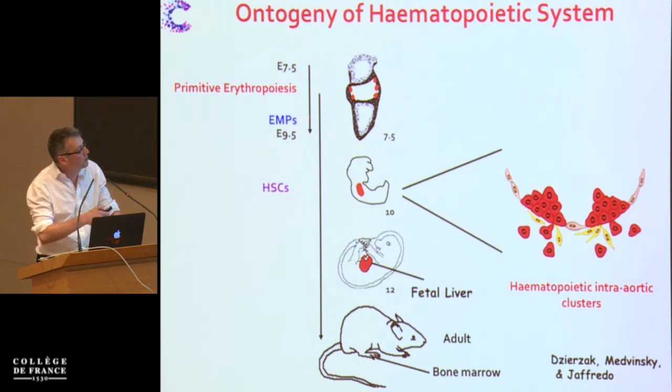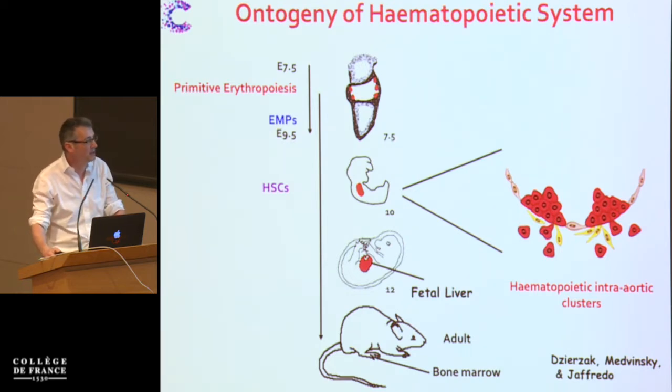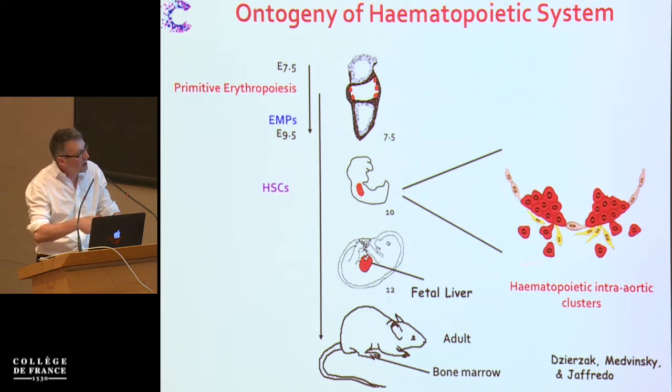If we go later in ontogeny, and mostly in this AGM region or in the dorsal aorta, what has been observed is the emergence of clusters of hematopoietic cells, which are emerging from the lining of the dorsal aorta. The precursor of these cells has been postulated to be a hemogenic endothelium, which gives rise to hematopoiesis.